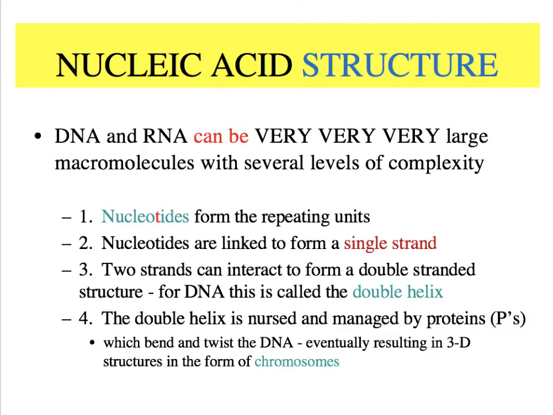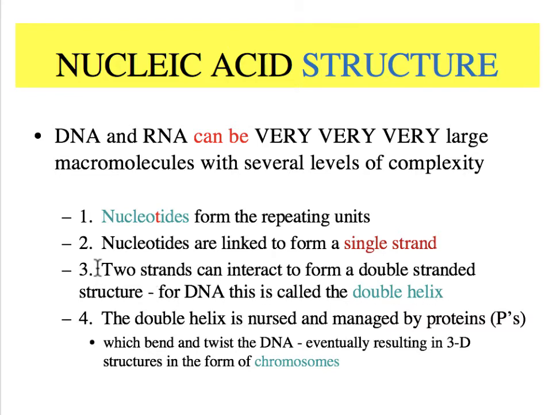Both DNA and RNA molecules can be extremely large. Both DNA and RNA are constructed of nucleotides as the building blocks. Nucleotides are linked together through special types of covalent bonds to form single strands. These single strands may, in both cases, form a double helical structure, especially for DNA, which is known as the double helix.